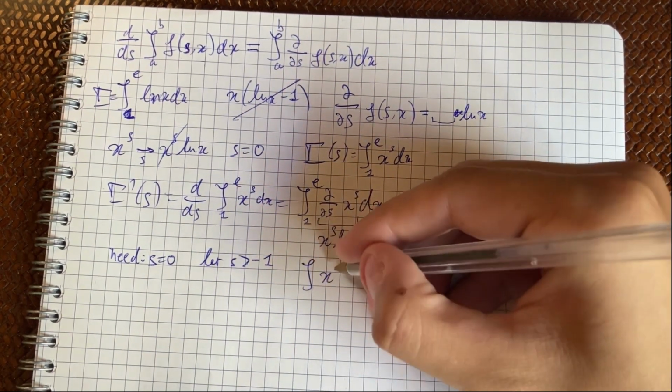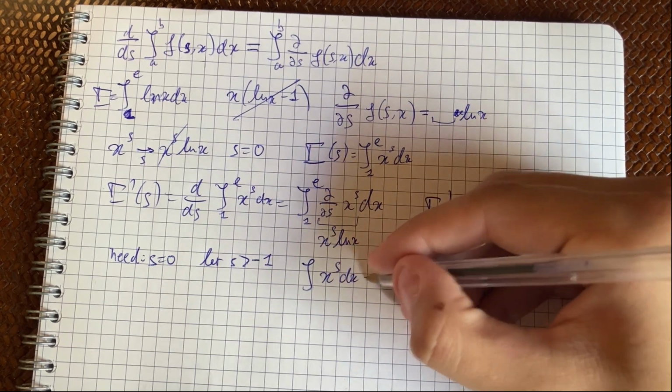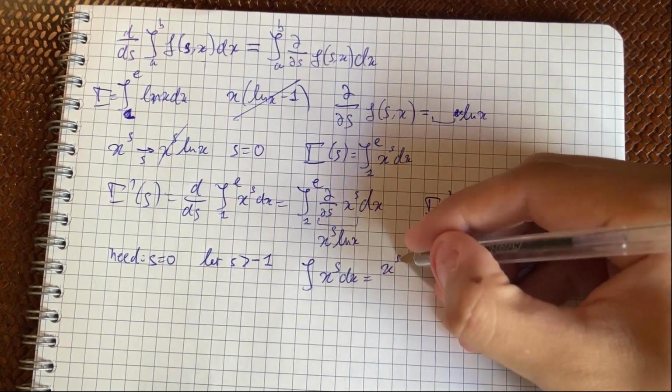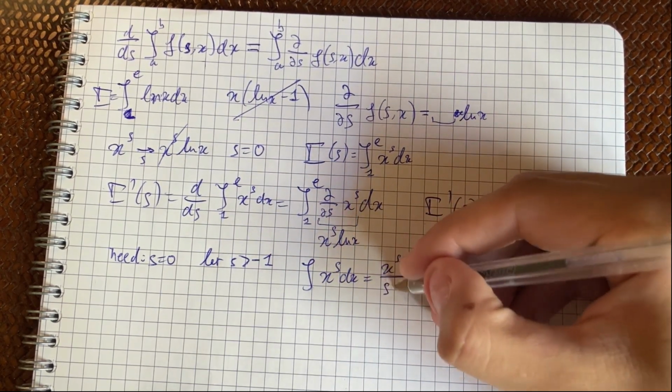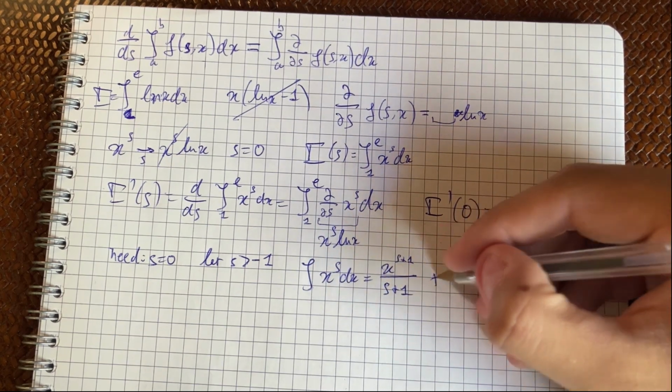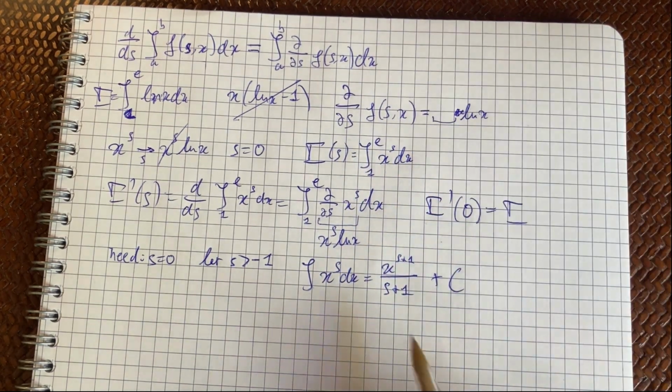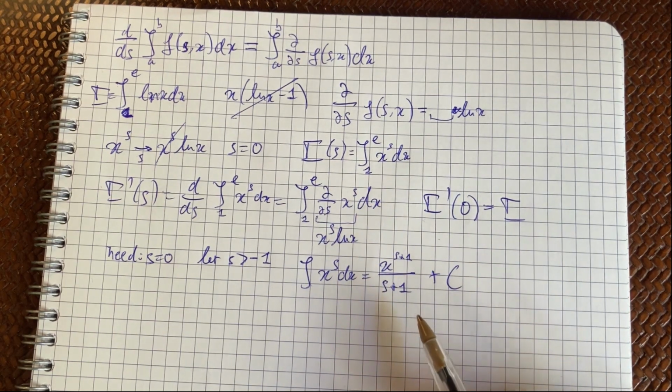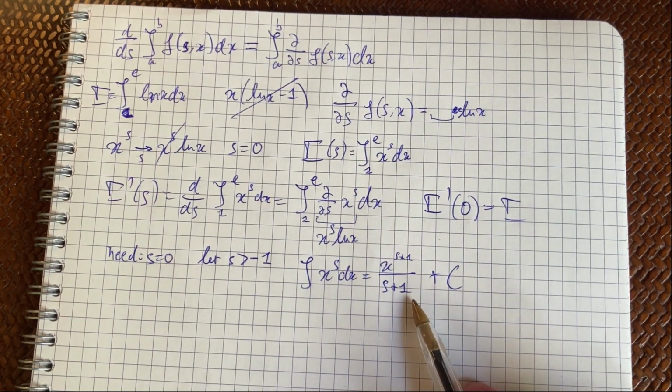The integral of x to the s power dx equals x to the s plus 1 power divided by s plus 1 plus capital C. And this function has to be taken between 1 and e.